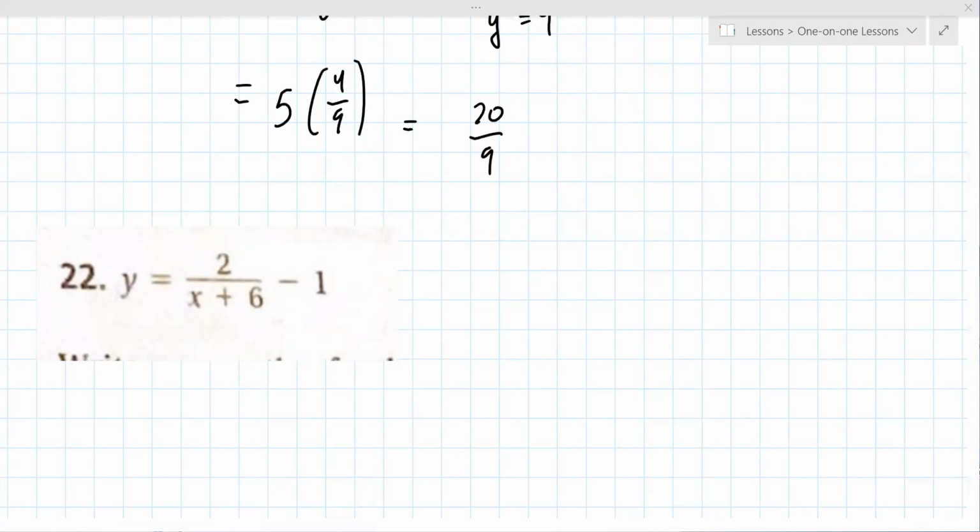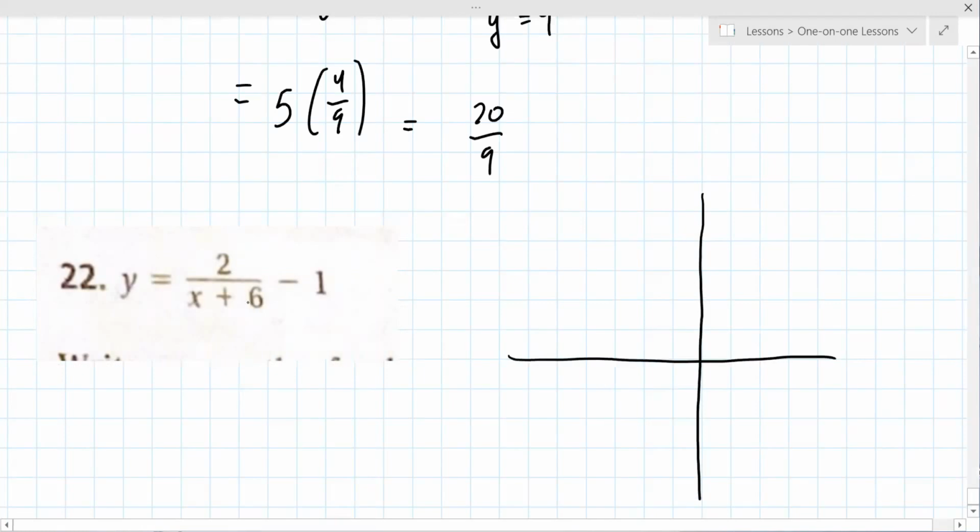So there's a lot to doing this if you have to do it by hand. I would assume your instructor will ask you to show work on the exam. The first thing you look for are these vertical asymptotes. So this one has one at -6 because x plus 6 equals 0 at x equals -6.